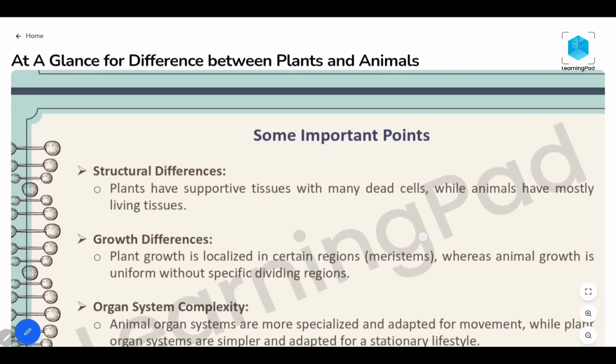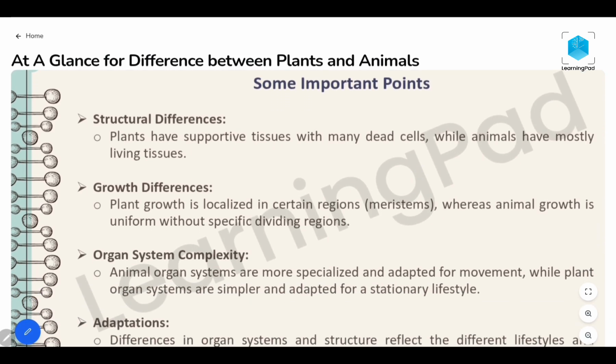Now, if we summarize the points, in structural differences, we have seen that plants have supportive tissue with many dead cells, while animals have mostly living cells. If we talk about growth differences, plant growth is localized in certain regions, whereas animal growth is uniform without any dividing regions.